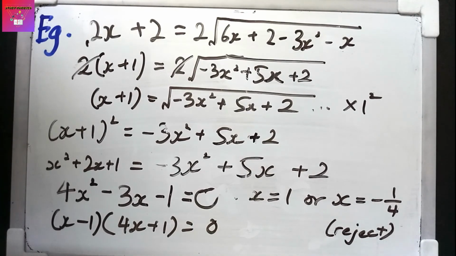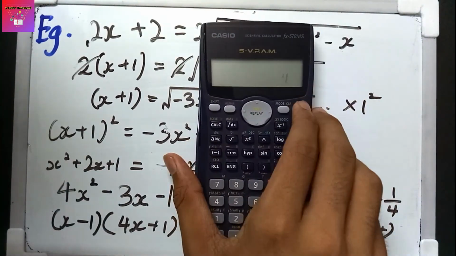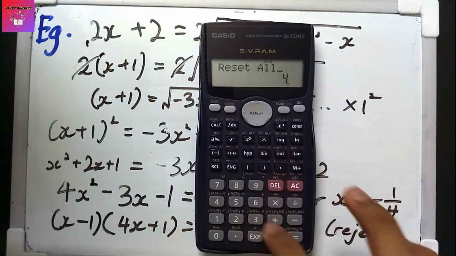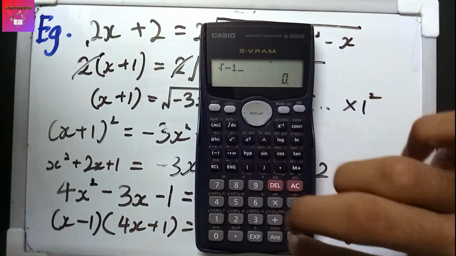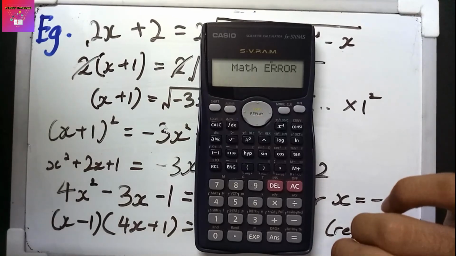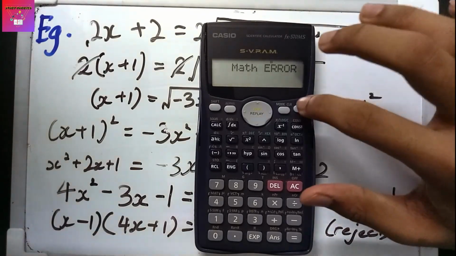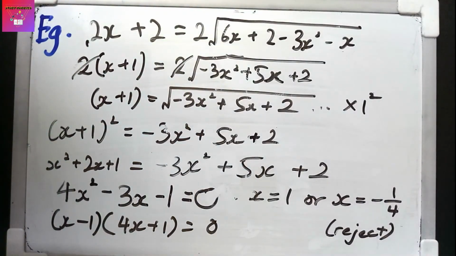So why does inserting a negative term inside a surd become undefined? The calculator would explain the whole thing. Let's say if I put surd negative 1, it shows math error, which means that there's no answer for any question which is like that. So therefore we are just going to reject this negative 1 over 4, and the whole answer for this equation is x equals to 1.